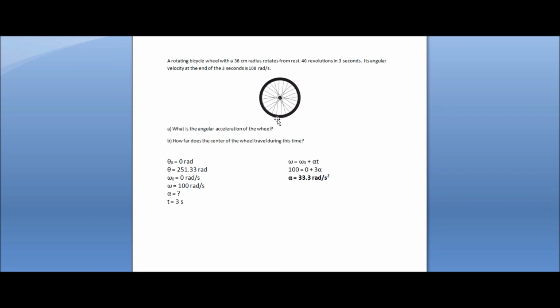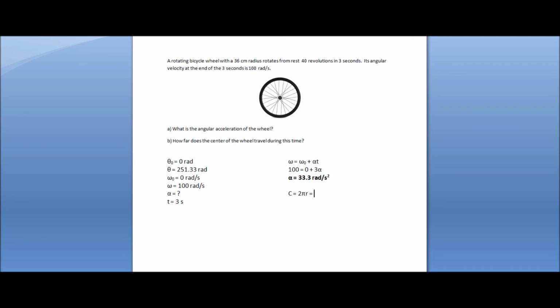So what we really want is the circumference of the wheel, and it's going to rotate 40 times. So we want our circumference times 40, and that's going to give us how far the center of the wheel traveled. Our circumference is equal to 2 pi r.